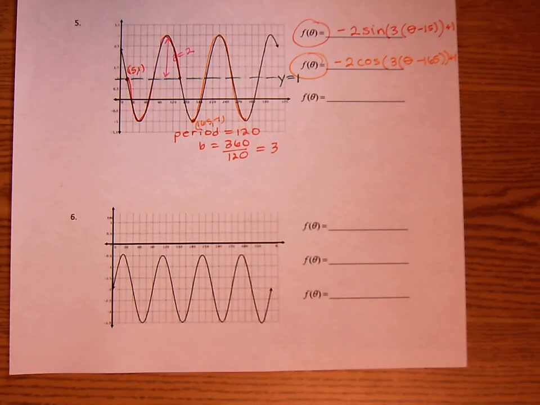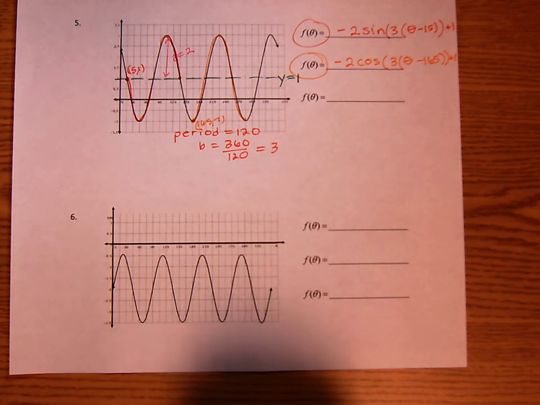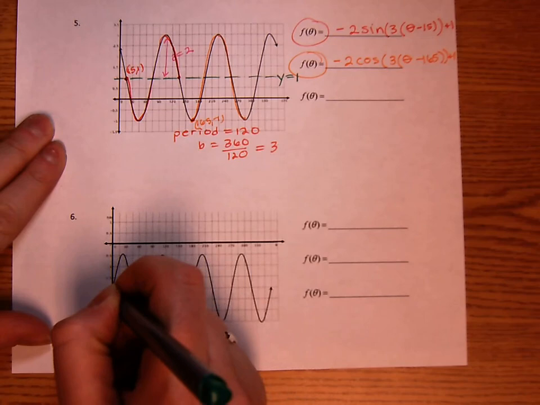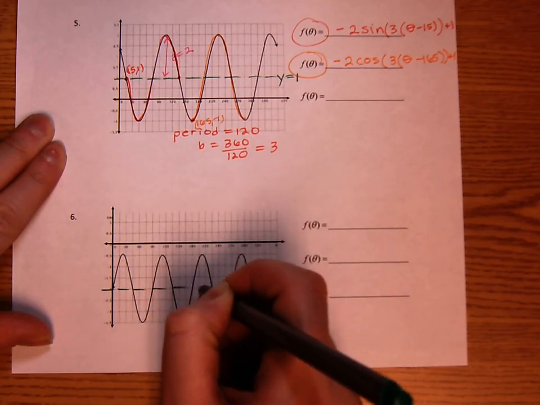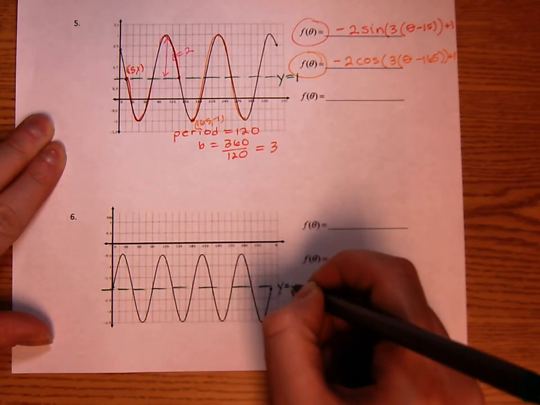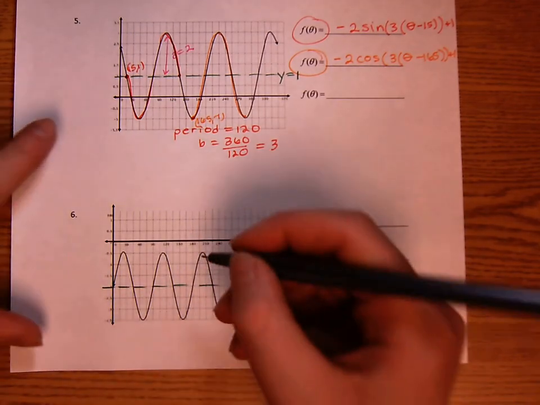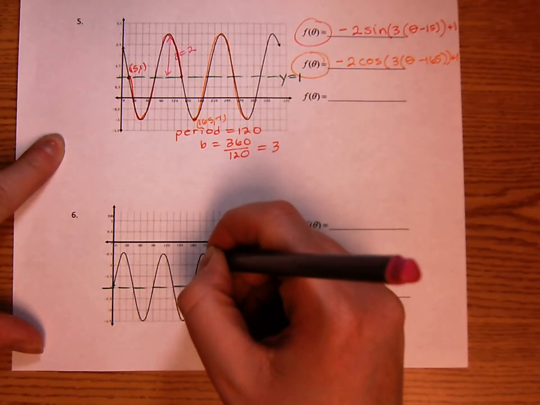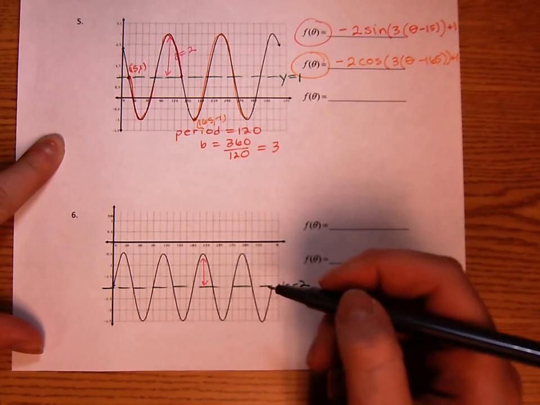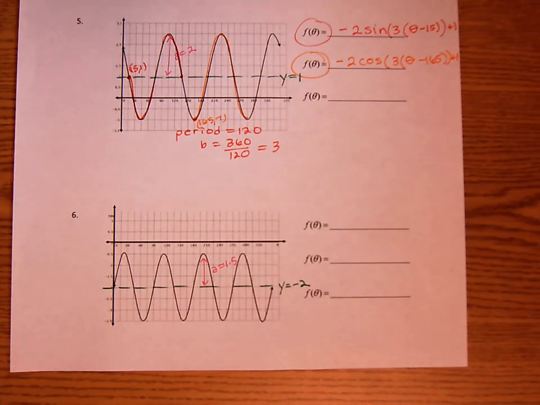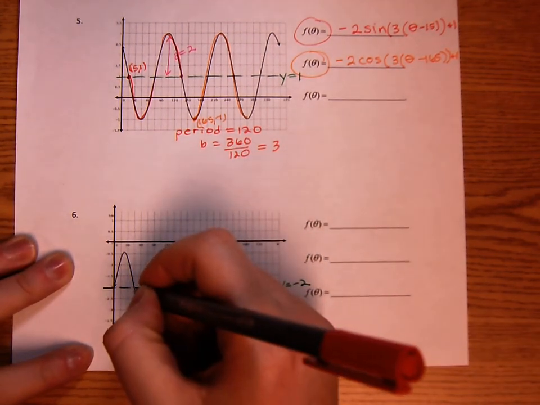One more example. In this case, our center line happens to be at, looks like that is 2, -2, right? Our A value, if we go from -2 up to 0.5, ends up being a distance of 1.5. If I decide to model with a sine function, maybe I'll go 45 degrees to the right.